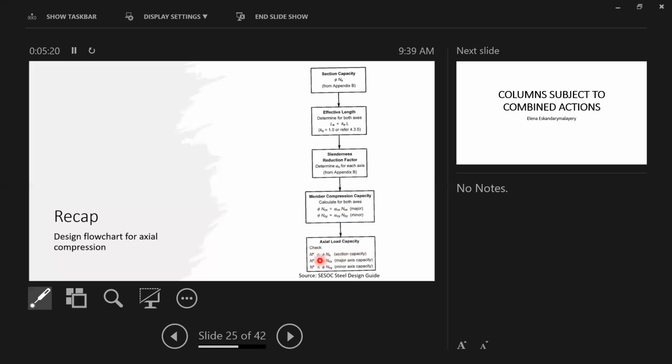So as you can see, we have two checks. One, your design load must be less than section capacity, and your design load must be less than the member capacity. So this flowchart shows the design for column under compression force only.